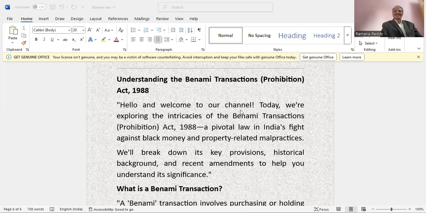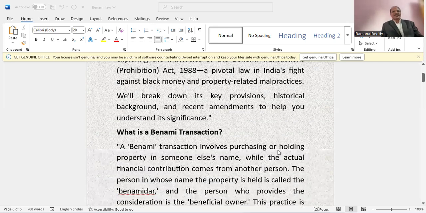What is a Benami transaction? A Benami transaction involves purchasing or holding a property in someone else's name, while the actual financial contribution comes from another person. So the person in whose name the property is held is called the Benamidar, and the person who provides the consideration is the beneficial owner.